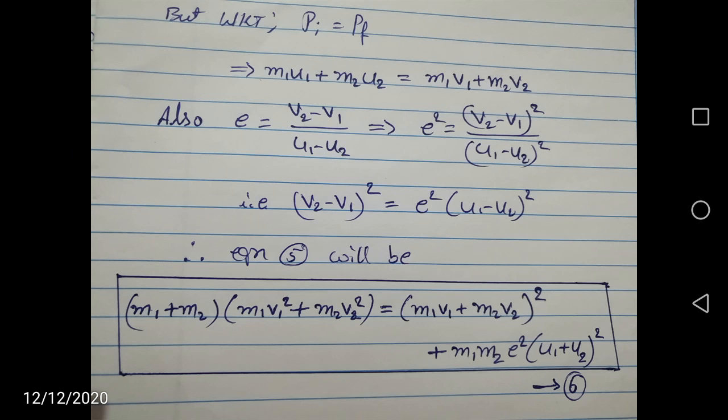Thus, equation 5 can be written as (m1 plus m2)(m1 v1 square plus m2 v2 square) equal to (m1 v1 plus m2 v2) whole square plus m1 m2 e square (u1 minus u2) whole square.